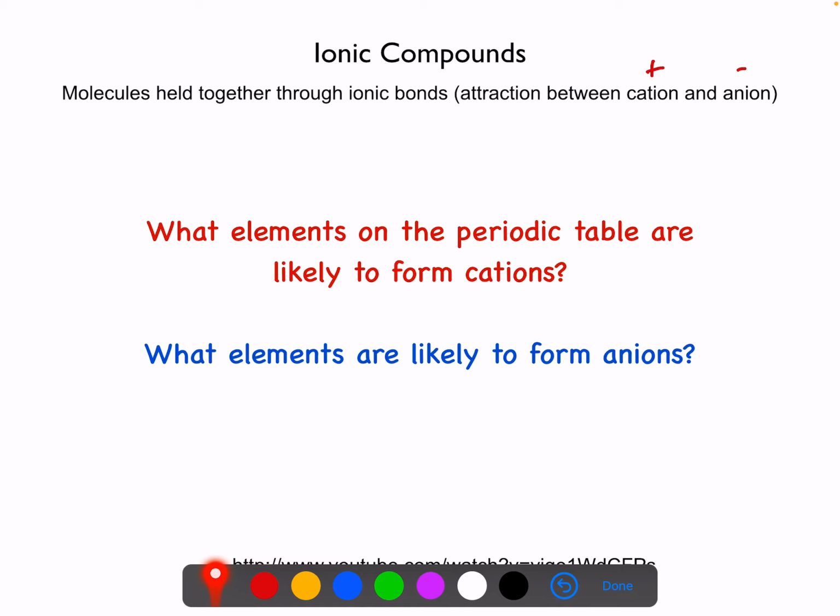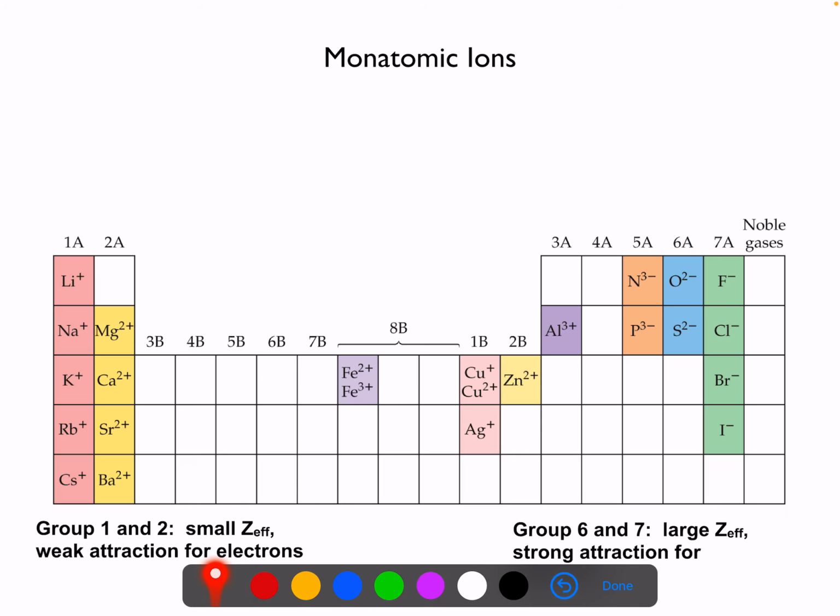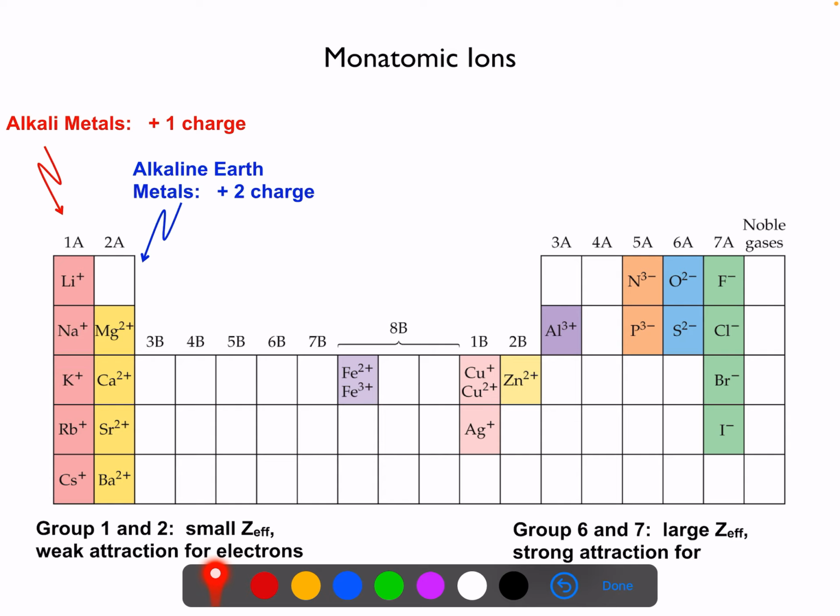We started to talk about this when discussing the periodic table and ionization energy and electron affinity, but we can look at this in a little more detail now. Some things to keep in mind as you look at the periodic table. Remember, group 1, the alkali metals, will always form a cation and they will always form a positive 1 charge.